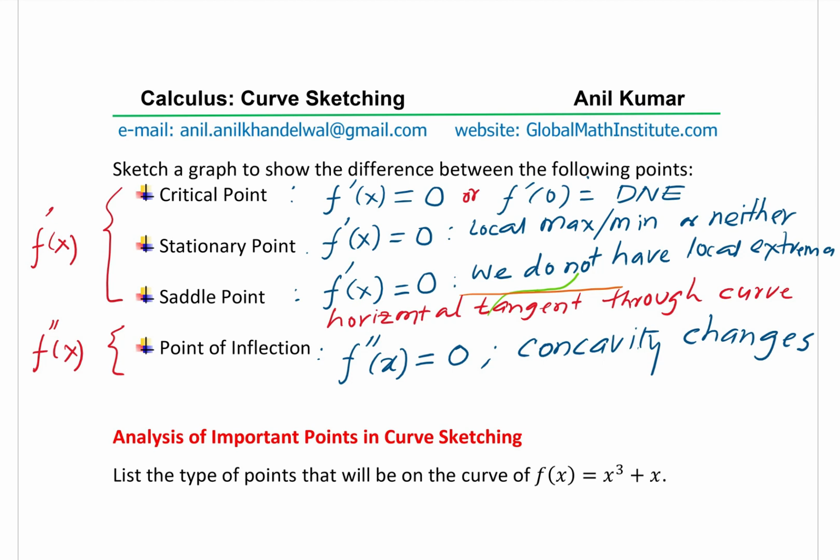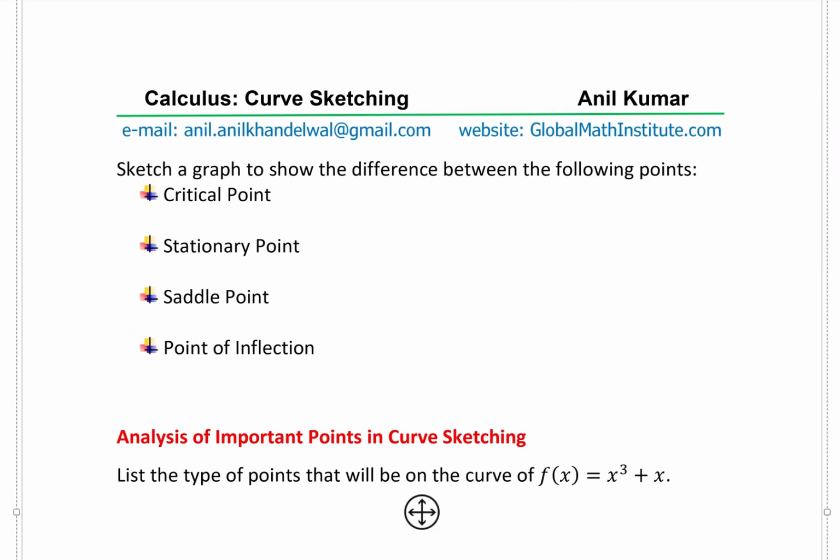Now to elaborate more on this, I have taken a specific example which we will also take. Perfect. Now first, let me take an example with the help of a graph to illustrate what could be a critical point which is a stationary point but not a saddle point, and what could be a point of inflection but not a saddle point. Let's take those kinds of examples with the help of a graph. So here again, I've copied the same thing, but my approach is going to be very different.